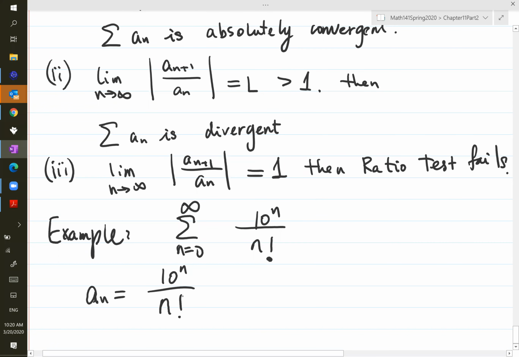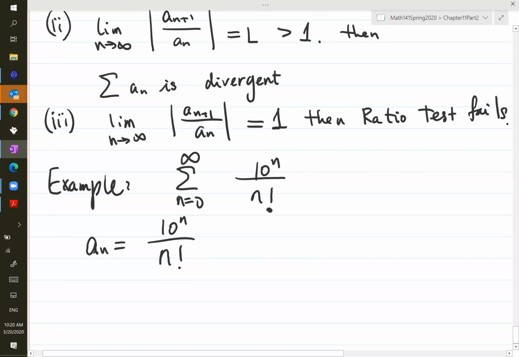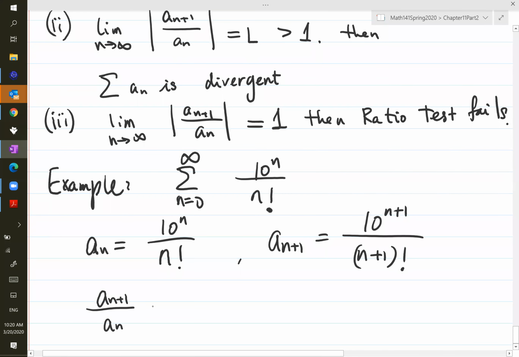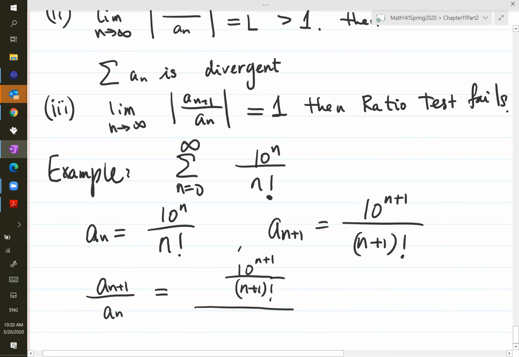We find the ratio of two adjacent terms. Now a_(n+1): we increase n by 1, so this will be 10 to the power n plus 1 over (n plus 1) factorial. Then the ratio a_(n+1) over a_n is 10 to the power n plus 1 over (n plus 1) factorial, over 10 to the power n over n factorial.